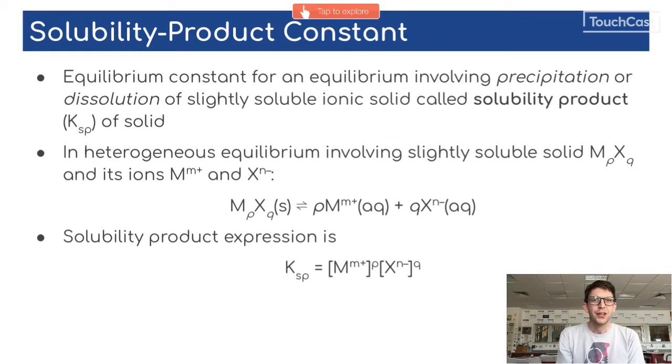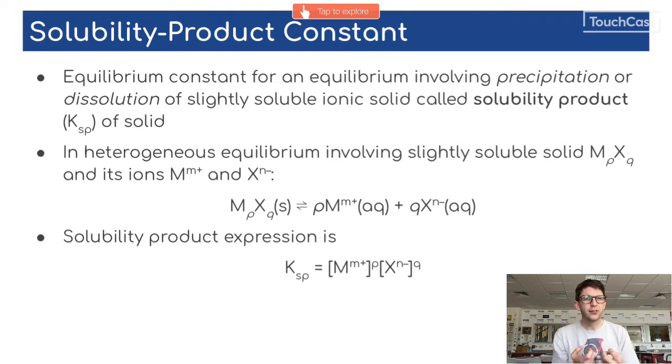All right. So the equilibrium constant is calculated just like we did all the equilibrium expressions prior to this, right? And this involves a precipitation or dissolution of a slightly soluble ionic solid. Slightly soluble, because we know if it's really soluble, these things are going to dissociate right away.